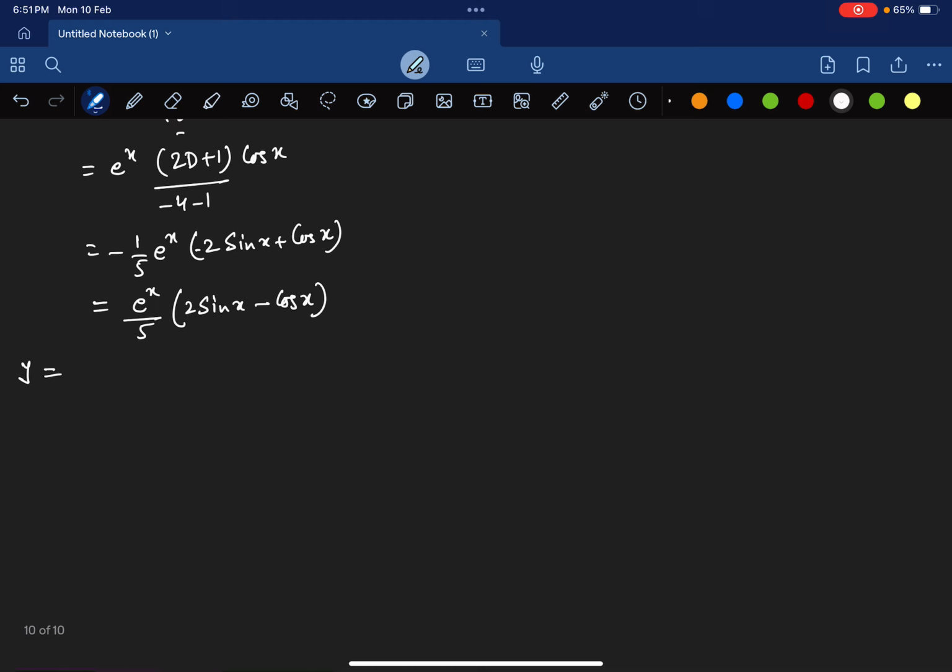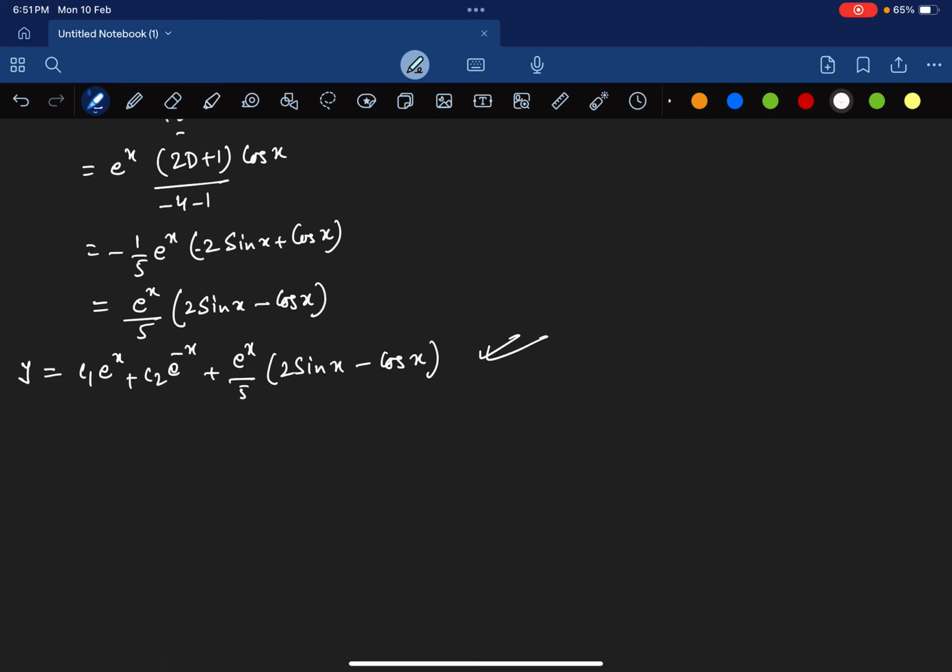What was yc? That is c1 e power x plus c2 e power minus x, plus e power x by 5 (2 sin x minus cos x). So this is the final solution.